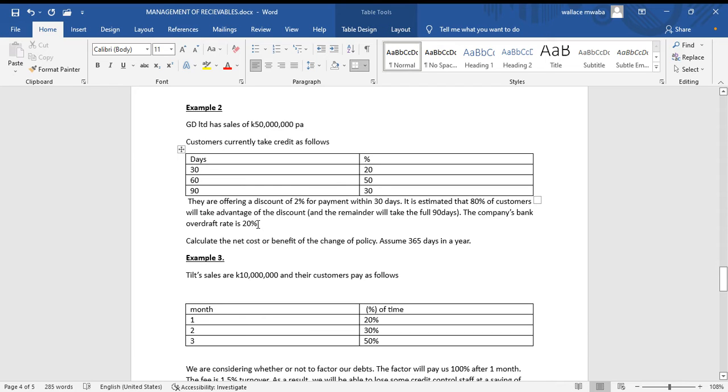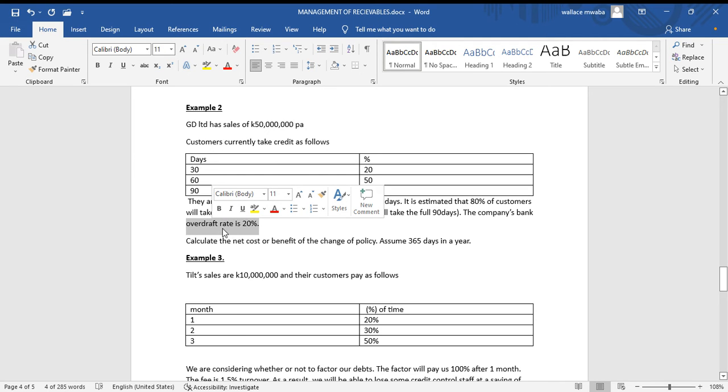So what we're basically trying to find out is, if we offer this 2% discount, will it be worthwhile, and the fact that we won't need to go to the bank and get an overdraft? Are we going to be able to save this 20% interest we're paying if we offer this discount?